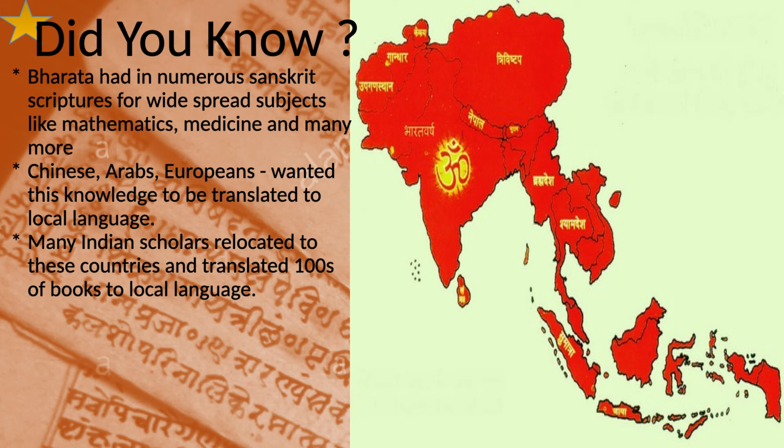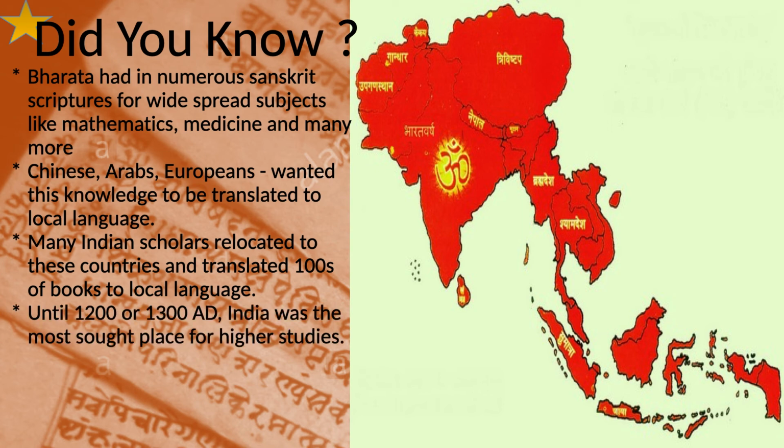So they offered a good amount of money to the Indian scholars who were well versed in Sanskrit and in these subjects to relocate to these countries, and a lot of translation happened into the local languages. Until 1200 or 1300 AD, some 700 to 800 years back, India was the most sought place for higher studies.